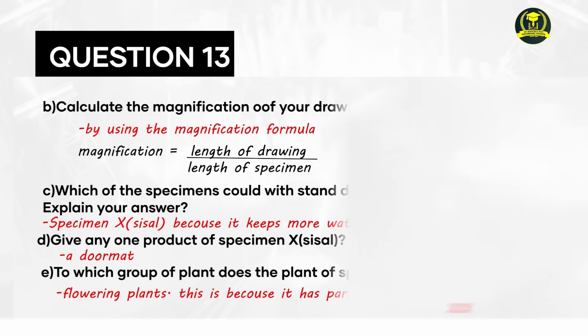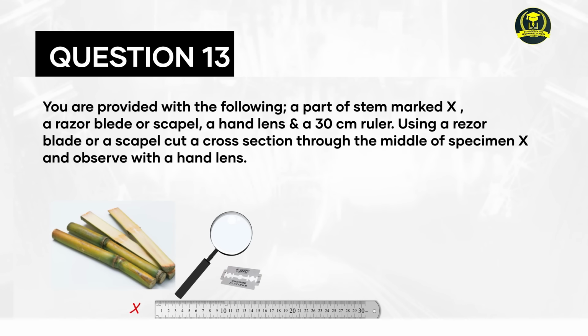Question number 13. You are provided with the following: a part of stem marked X, a razor blade or a scalpel, a hand lens, a 30 centimeter ruler.